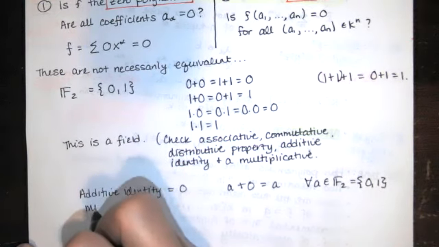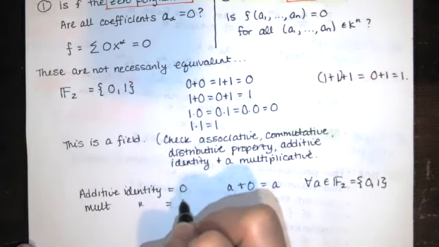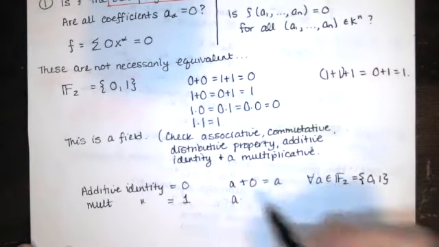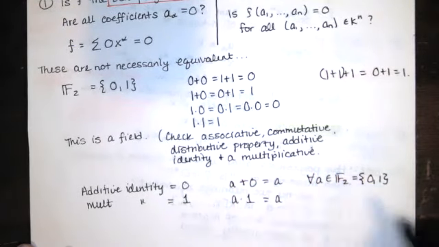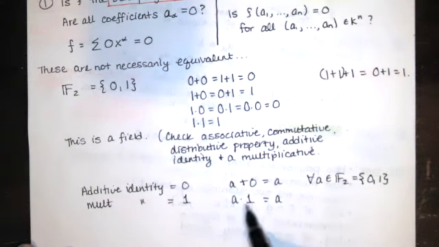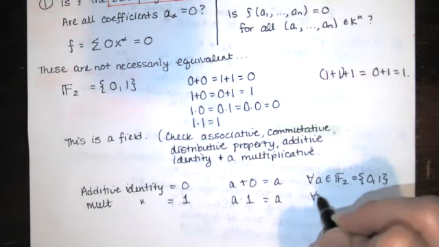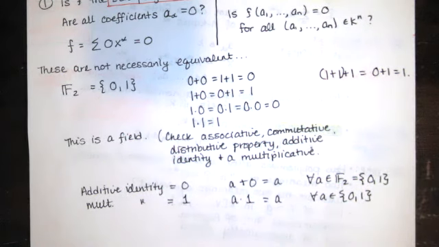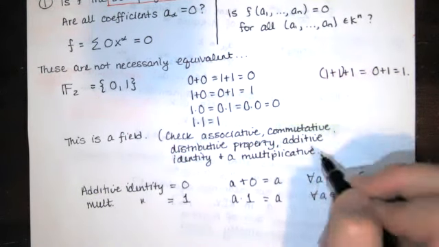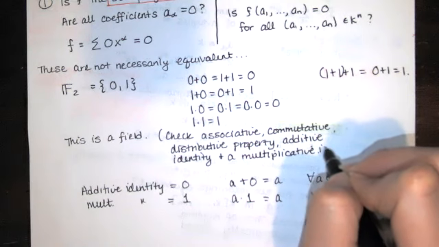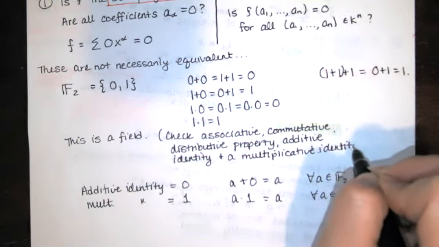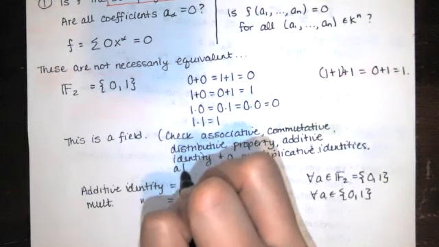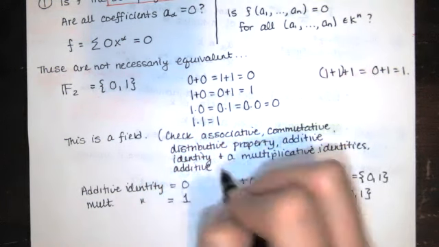And the multiplicative identity is 1, because you can take any number in the set, multiply it by 1, and you get that number back. So 0 times 1 is 0. 1 times 1 is 1. So that is the multiplicative identity.